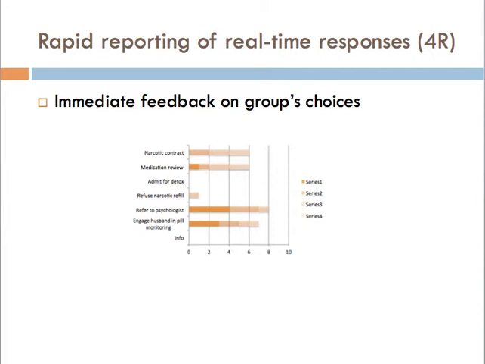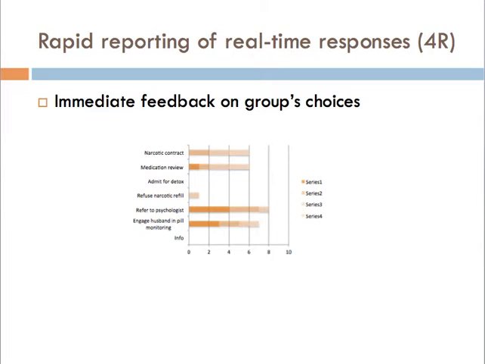And if you look at the length of the bar graphs, refer to psychologist is the most popular overall, but they're also stacked, the darker lines being this was the first choice on this occasion. They could choose as many of these options as they wanted.